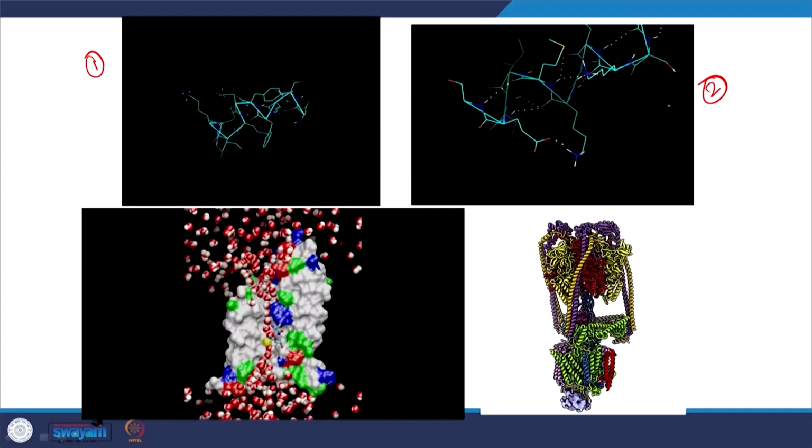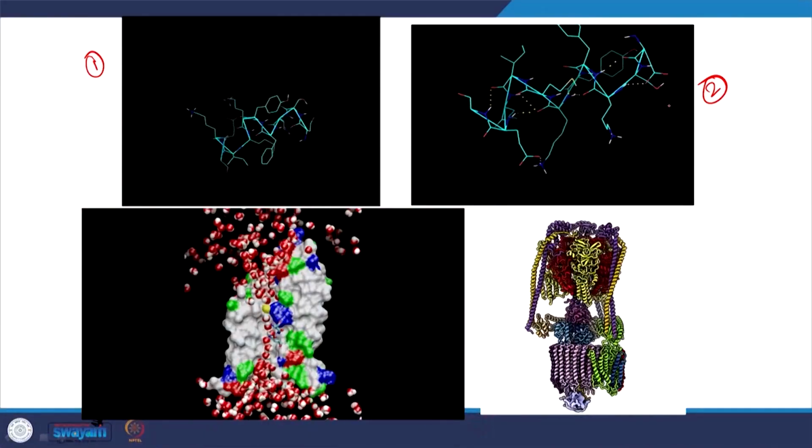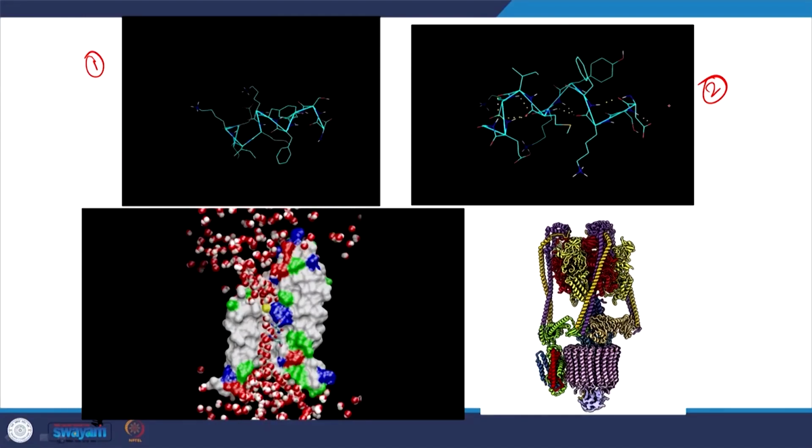As I told, the current journey is not only restricted to high quality, high resolution static figures, but we are developing movies which are giving us more insight. So, here is one which is a movie of aquaporin.